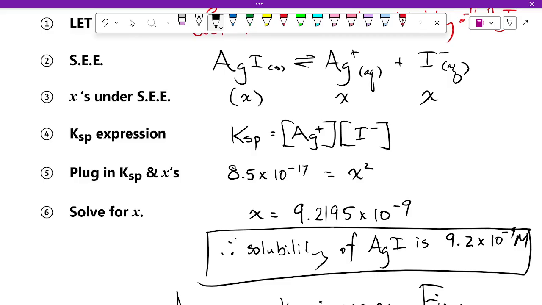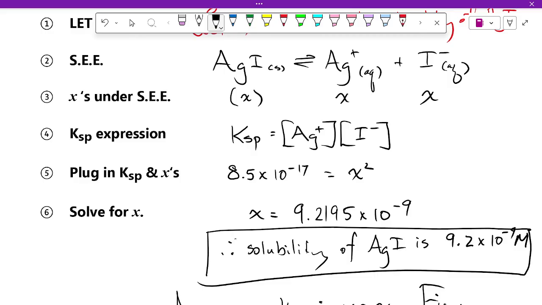Okay, I don't think I'm going to have 8.5. I think you got the right answer. Okay, how do I clear it?